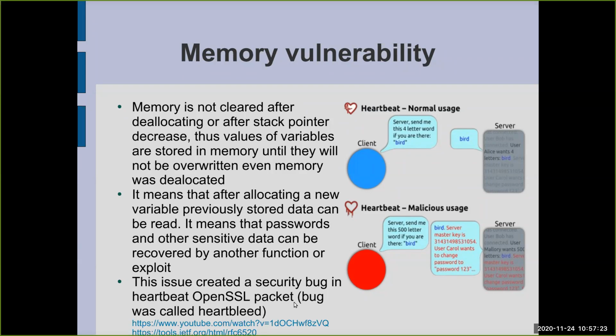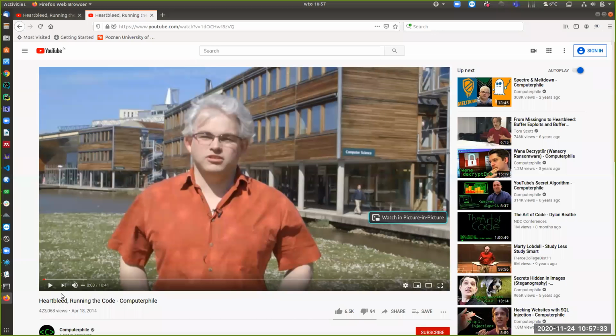OpenSSL is a commonly used protocol for communication with servers. Now this guy tries to explain what the reason for that was. I will stop in some places and try to comment on this video for you.